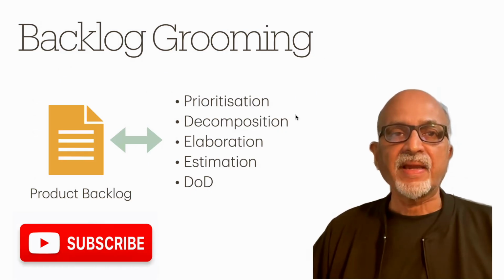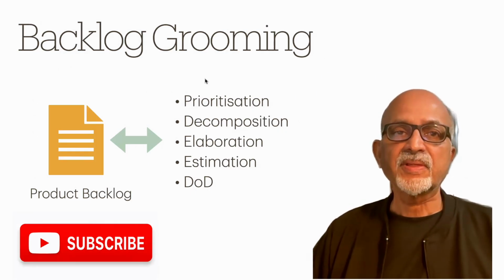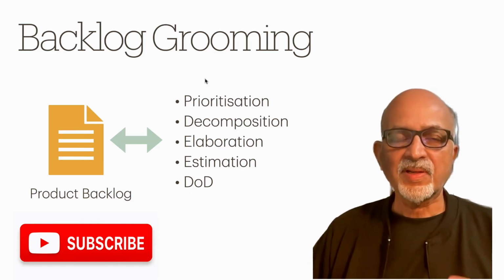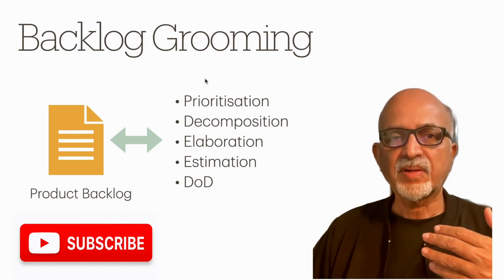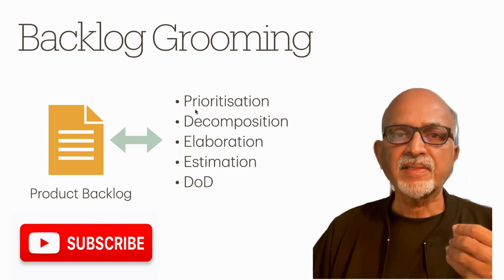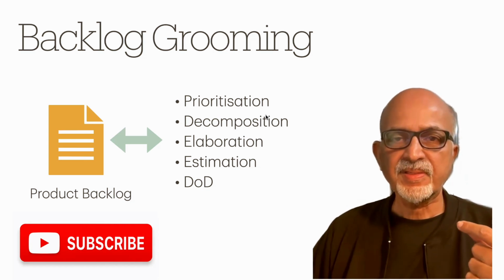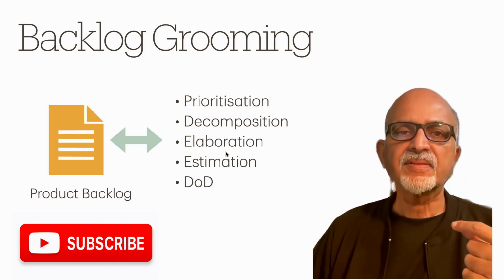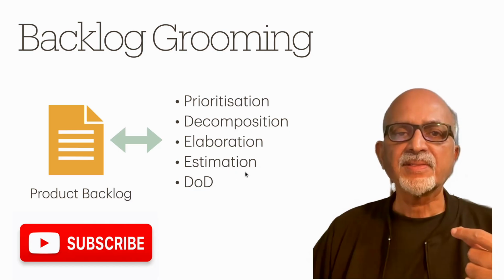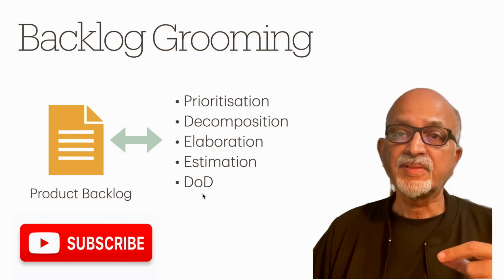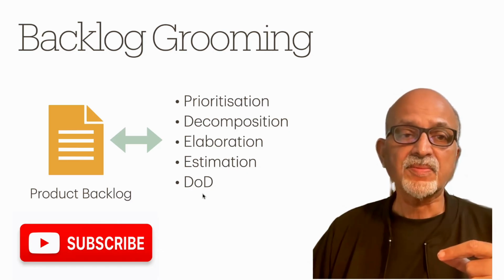So coming back, product backlog grooming is a continuous process. It is not the sole responsibility of the product owner, and it has elements of prioritization, decomposition, elaboration, estimation, defining the definition of done, and ready to release that part also.